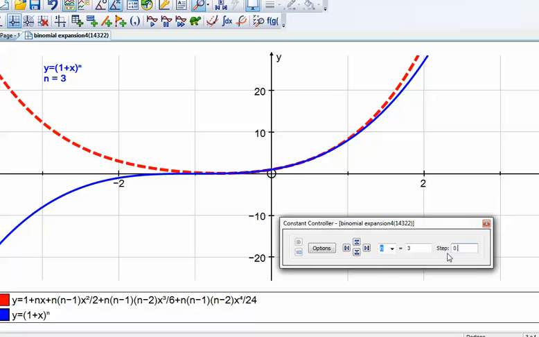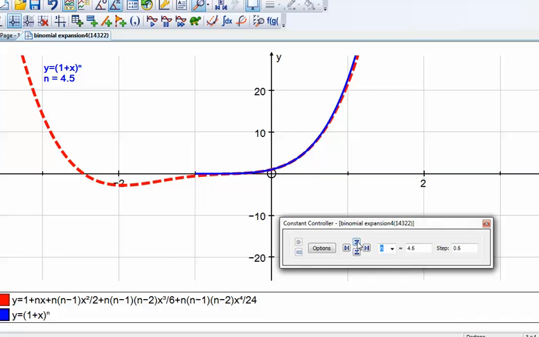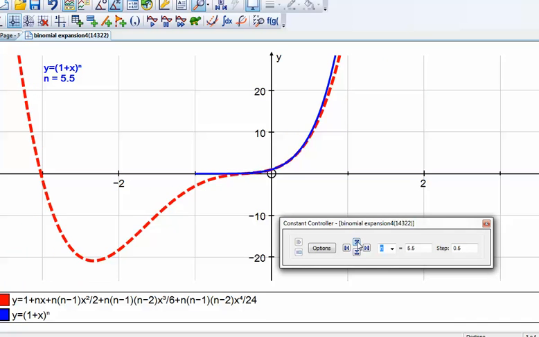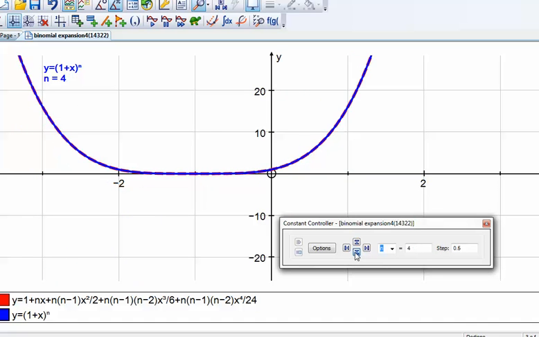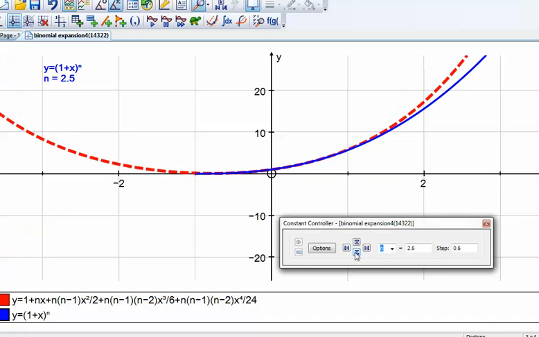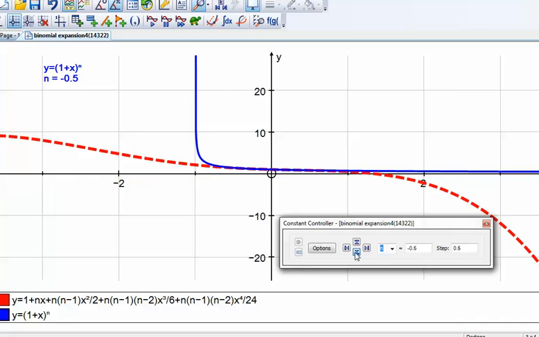So if I change my step size to 0.5, so I've got n is 3 at the moment, and if I just increase my values of n, we'll have a look what happens, and then I'll go down, and we can also have negative values for n as well.